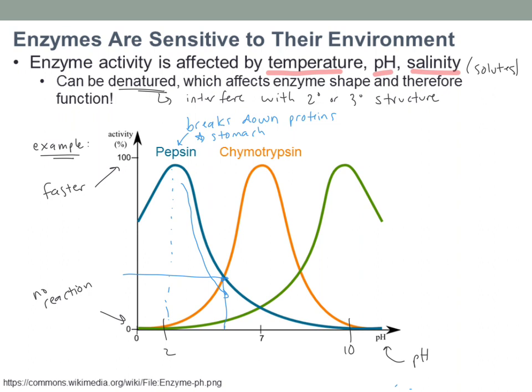But what's kind of nice about this is that that's when chymotrypsin gets added to your small intestine, and it's another type of protease. Also breaks down proteins, but works in a different way. Only this is in the small intestine.